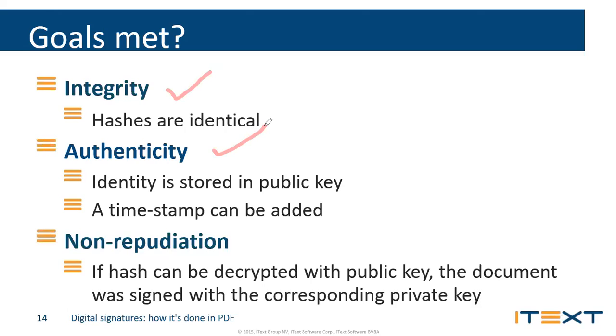When the user opens the file, the system date is checked, and only if it matches your document date does the document open, otherwise not. If the system date does not match the document date, it cannot be read. And the last one is non-repudiation: if the hash can be decrypted with the public key, the document was signed with the corresponding private key.